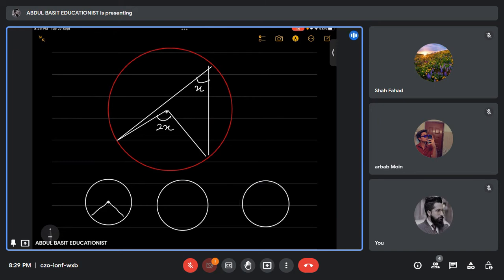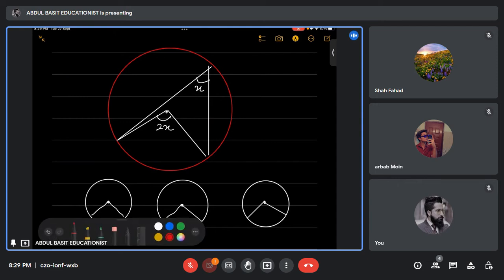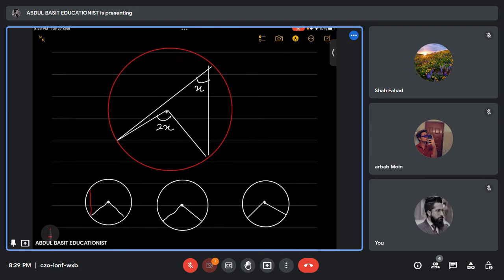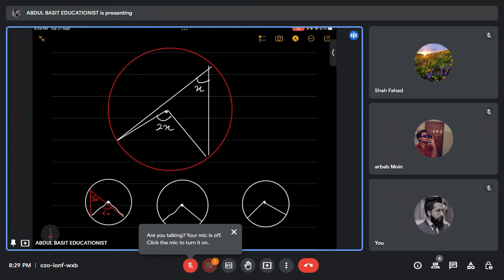So for example, it's a circle. Let's say I'm going to draw an angle here. It is touching the circumference, and it will go till this point. So for example, if this angle is 30 degrees, this white angle would be 60, the double.